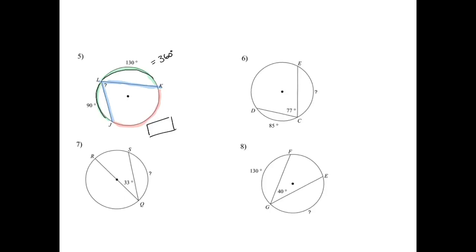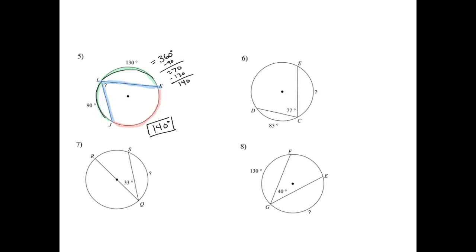So 360 minus 90 is 270, and then minus a 130 is 140. I hope that's right. So this arc should be 140 degrees.